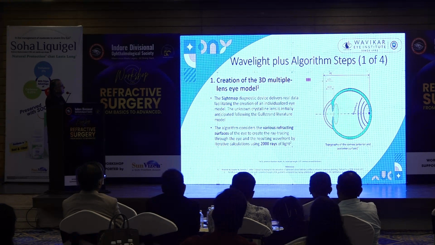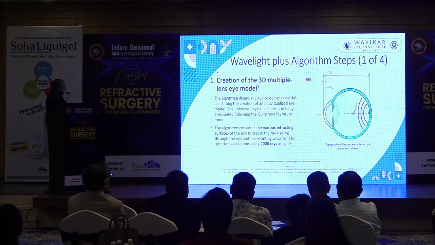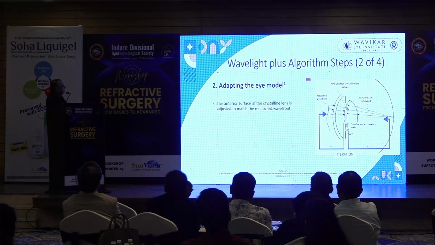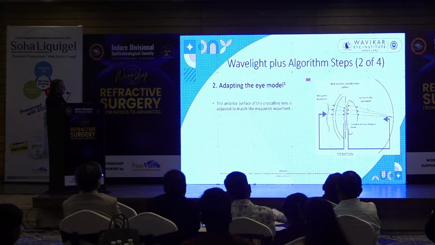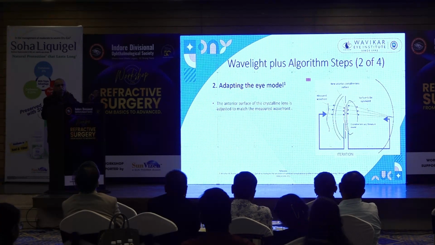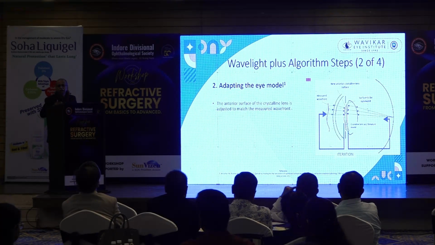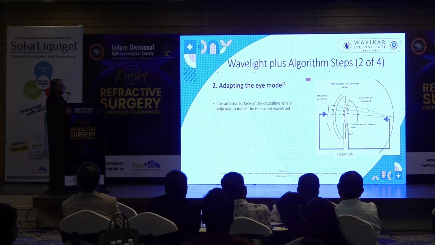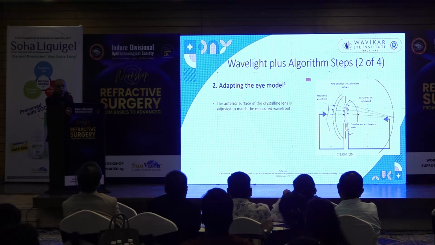With all these things, it creates a 3D eye model within the computer, and it adapts the model. Now again over here, the back part, the posterior surface of the lens and vitreous, the aberrations from there, are based on the Navarro eye model. It started from Gullstrand, but it is a much more realistic model, and nowadays for all the calculations, people like Warren Hill and everybody are using the Navarro eye model.